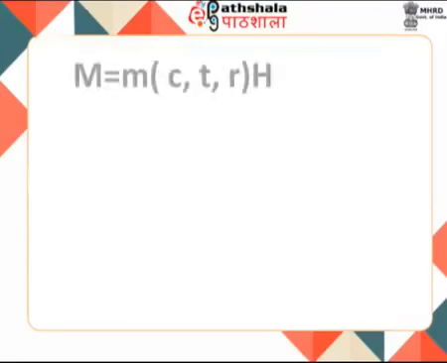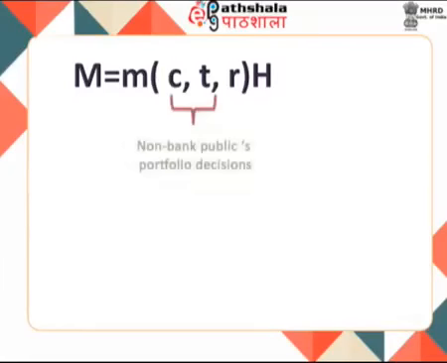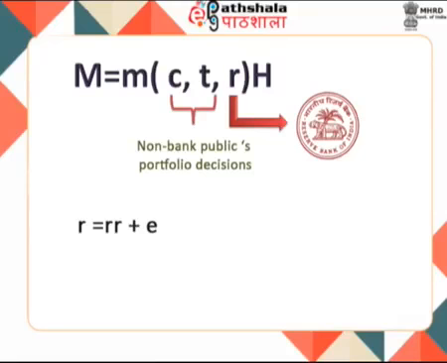Here, the currency to demand deposit ratio C and the time deposit to demand deposit ratio T are representative of the non-bank public's portfolio decisions and are their behavioral ratios, while the reserve ratio R, where R is equal to RR plus E, is largely determined by the central bank through the statutory cash reserve requirement RR and residually by the commercial bank's excess reserve ratio E, where E is equal to ER upon D. Thus, R represents in part the bank's portfolio decision.